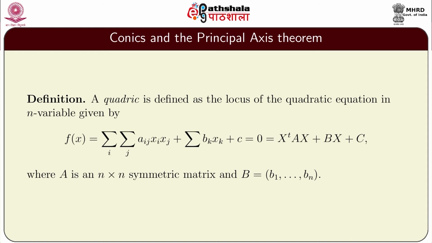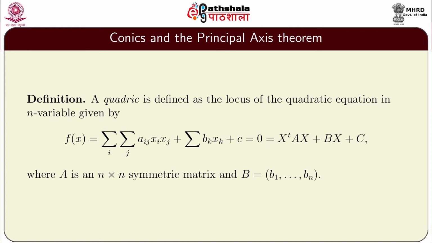This expression is definitely a polynomial in the variables x1, x2, ..., xn, and we call it a quadratic equation because it is a polynomial of degree 2, assuming of course at least one aij is not 0.